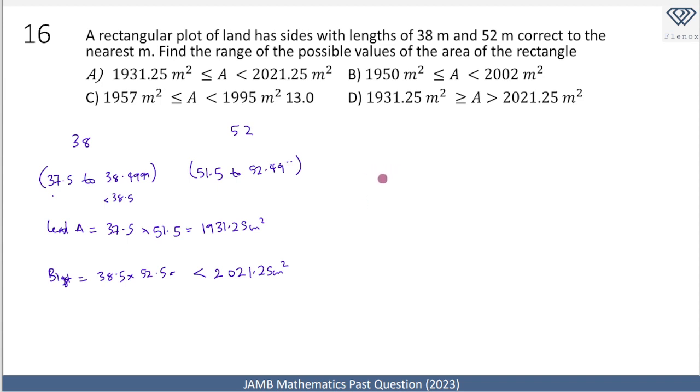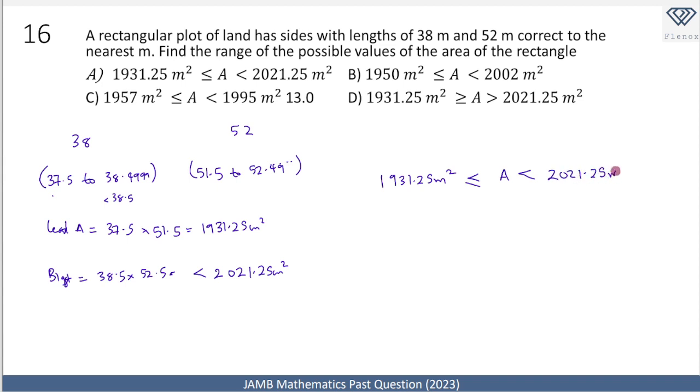So the range of possible values of the area is 1931.25 meter squared. Sorry, the units are in meters, not centimeters, so my bad, all this should be meters. Then less than or equal to my area, because these values are included, but that must be strictly less than 2021.25.